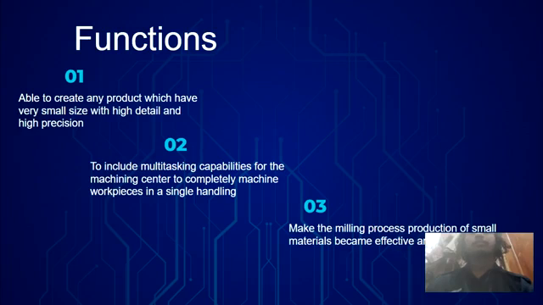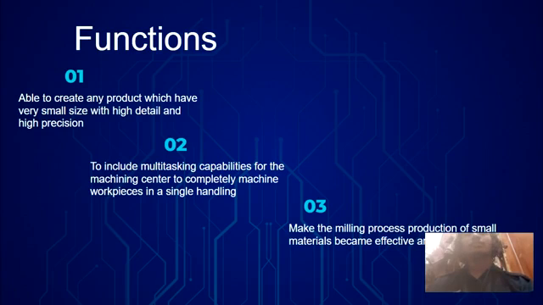And the function of micromilling is to be able to create any product which has a very small size with high detail and high precision. So this is related to the advantage. The second one is to include multitasking capabilities for the machining center to completely machine a workpiece in a single handling.